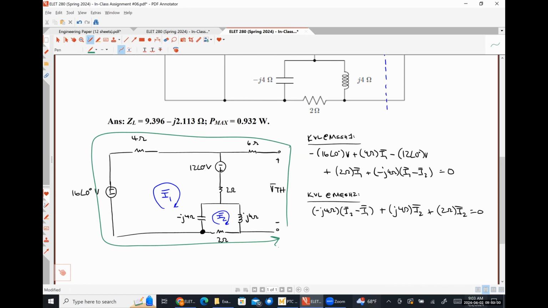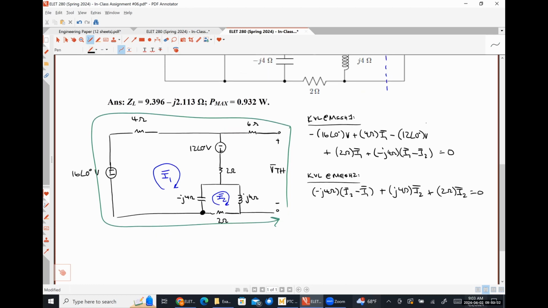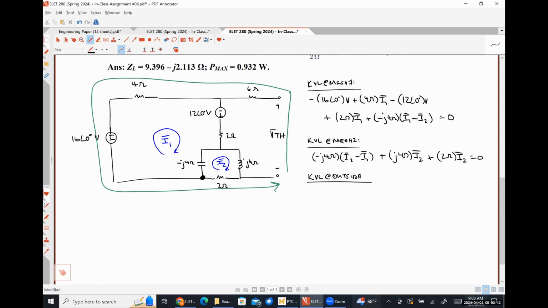So I'm going to have negative VTH. So what's the voltage drop across that 6 ohm resistor going to be?